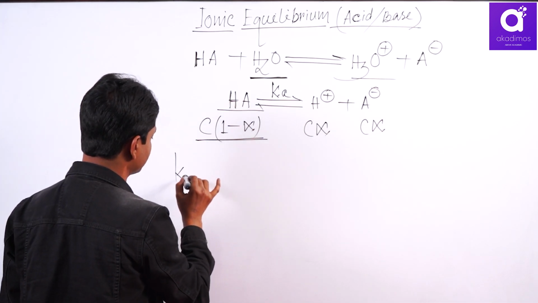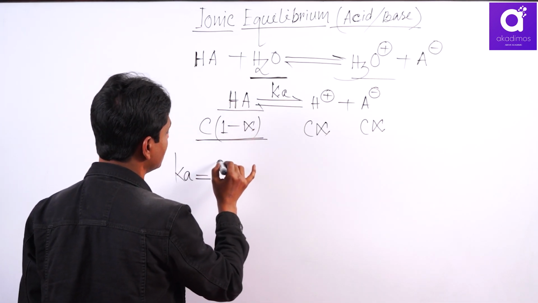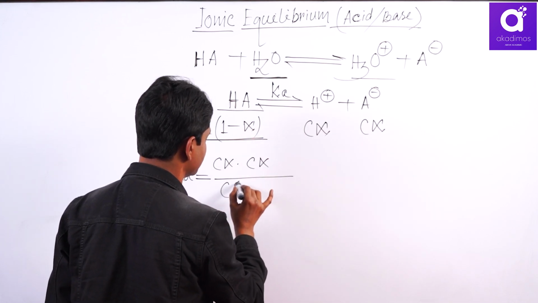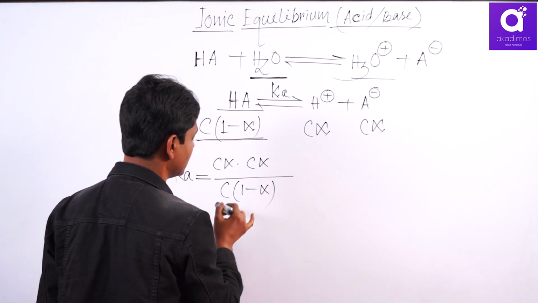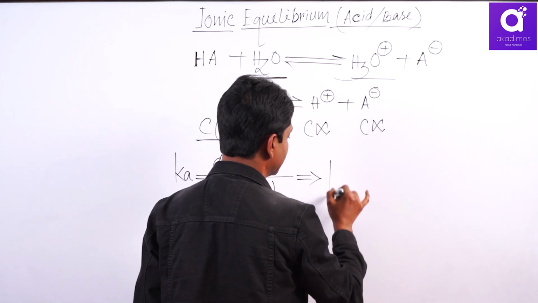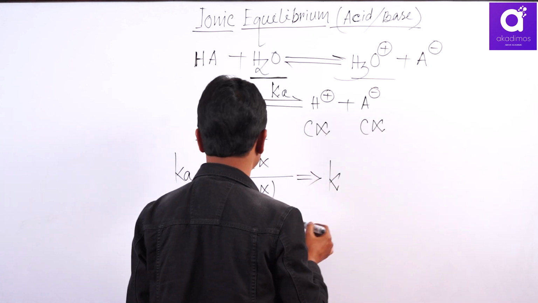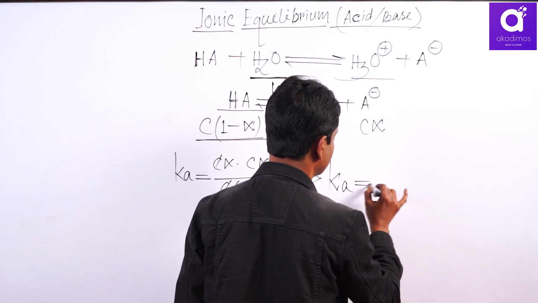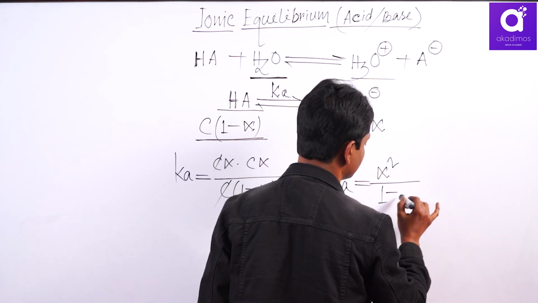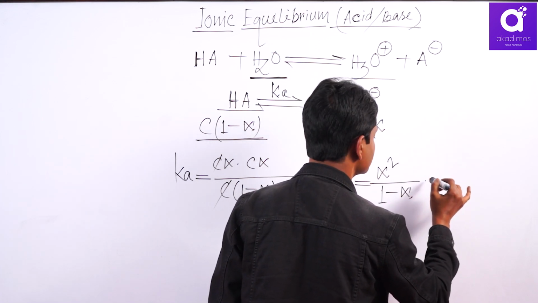Then Ka is equal to C alpha into C alpha divided by C into 1 minus alpha. One C will be cancelled out, and the equation of Ka in terms of alpha and C is Ka equal to alpha square divided by 1 minus alpha into C.